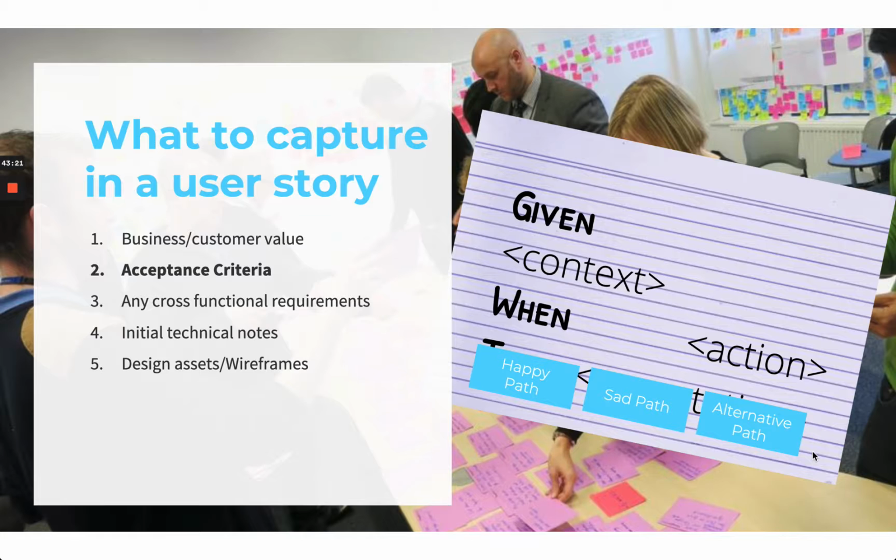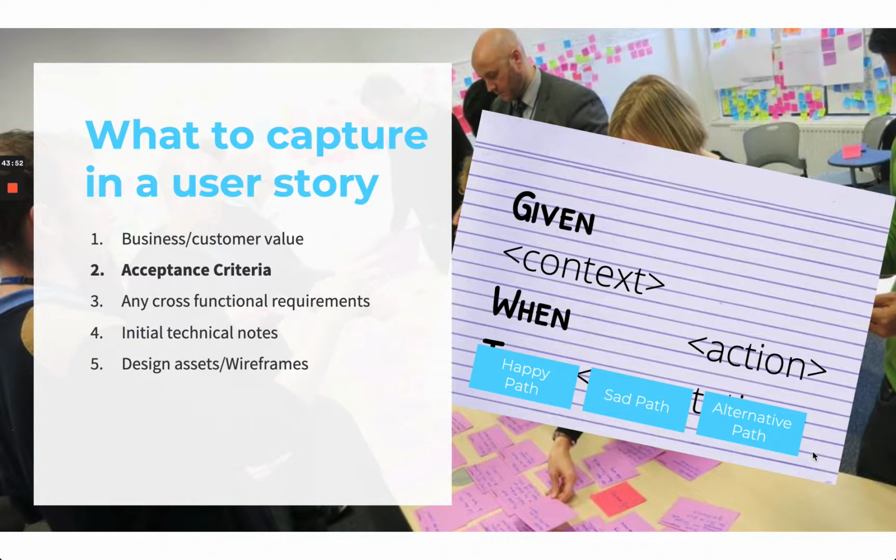Usually when we talk about acceptance criteria, we talk about three different paths, which help us make sure everything is in the right place. The happy path is what we expect to happen with an action: we have the context, the action, and then the expectation happens. The sad path is the one where users go on an unsuccessful outcome.